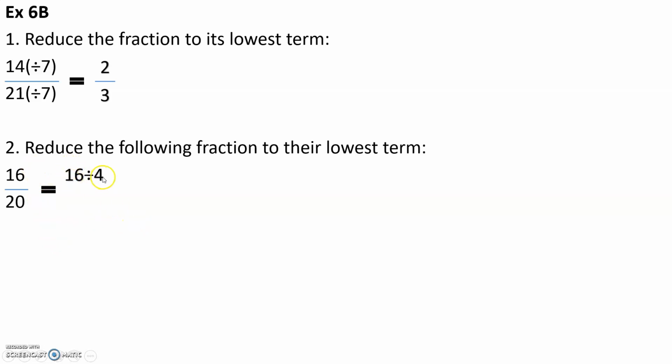So we can write 16 divided by 4 upon 20 divided by 4, which gives 4 fours are 16 upon 4 fives are 20. So your answer will be 4 upon 5. Instead of dividing by 4, you can divide first by 2 and then again by 2. You will get the same answer.